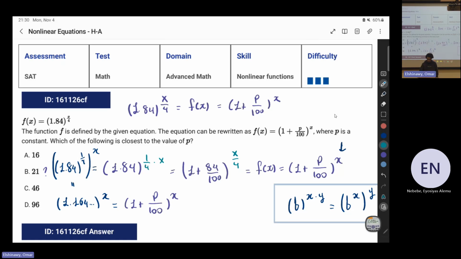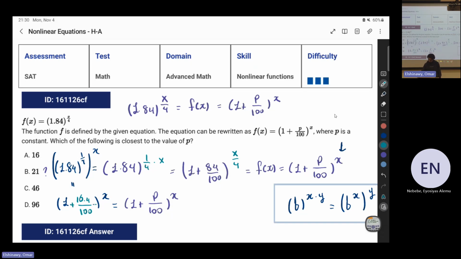And then finally, to conclude, well, 1.164, that's just 16.4 over 100, dot, dot, dot. So that's 1 plus 16.4.